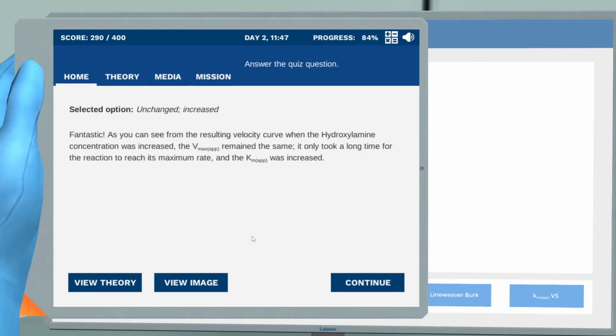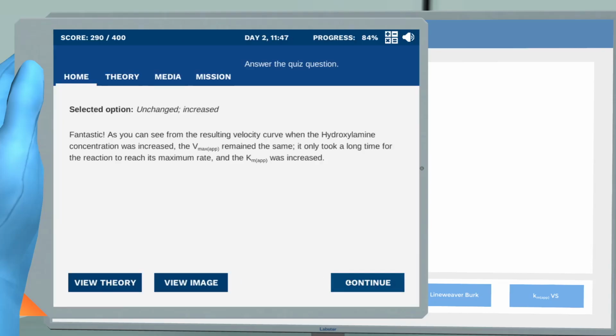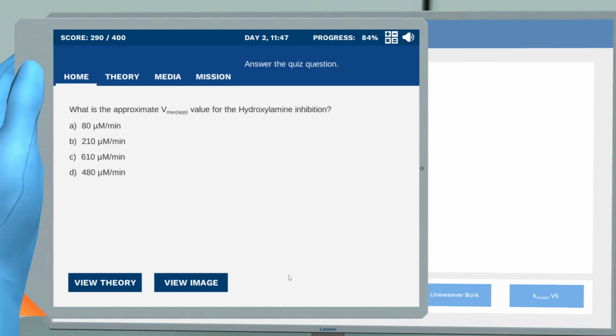Fantastic! As you can see from the resulting velocity curve, when the hydroxylamine concentration was increased, the Vmax remained the same. It only took a long time. What is the approximate Vmax value for the hydroxylamine inhibition?